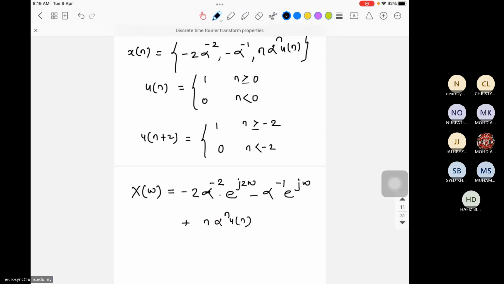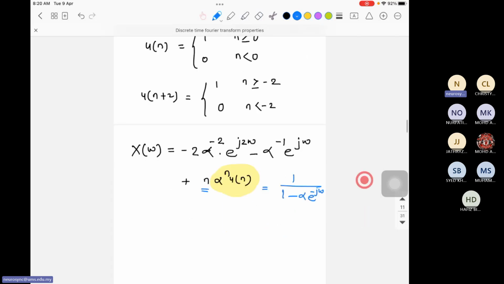Now the DTFT of this term is basically equal to 1 by 1 minus alpha e to the power minus j omega. Now in the time domain, if it is multiplied by n, then in the frequency domain, it is basically the derivative.